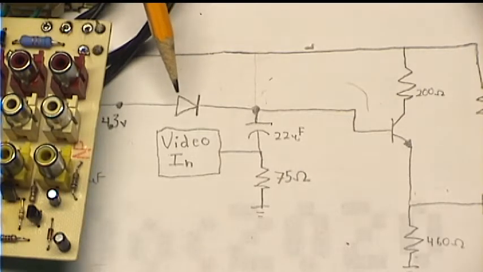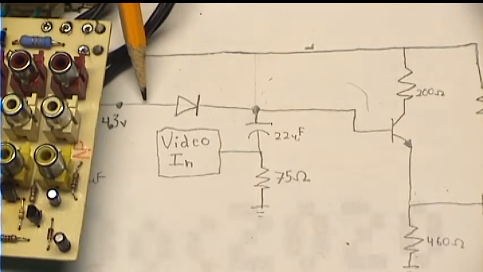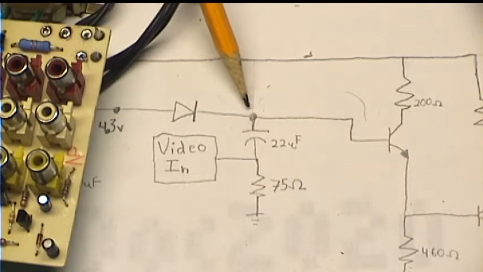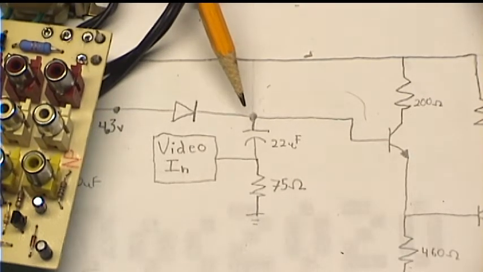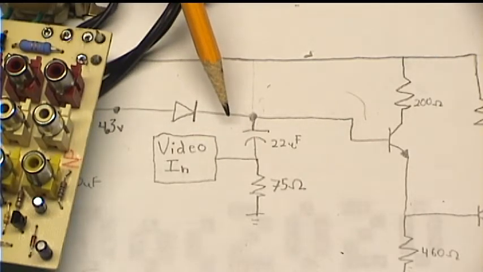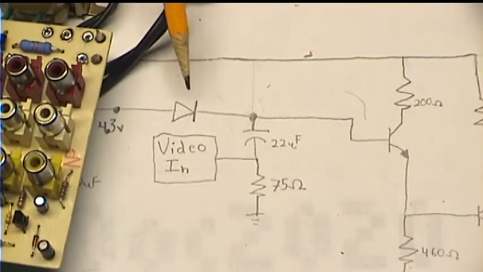So what happens is, when that's low, you have 4.3 volts here. So this diode charges that capacitor a bit. And then this line ends up being about 3.7 volts, which is 4.3 volts minus a diode drop of about 0.6 volts.